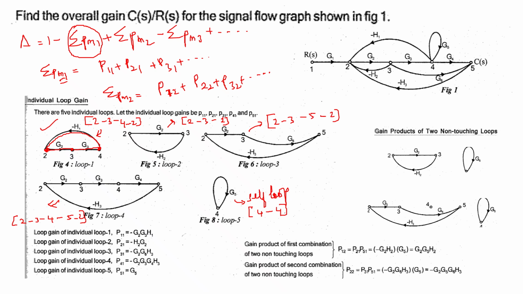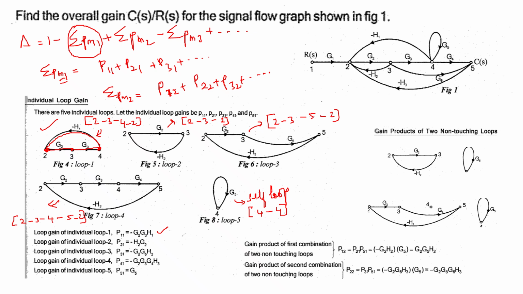So P11 becomes minus G2, G3, H1. Similarly, we can get P21, P31, P41, P51 by multiplying the gain values. Then to get sigma PM1, we add all these gain values.